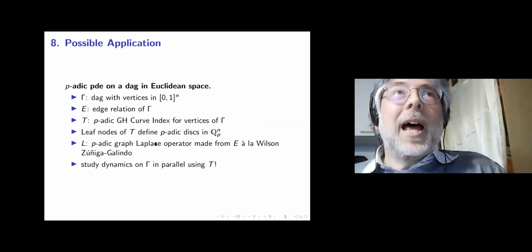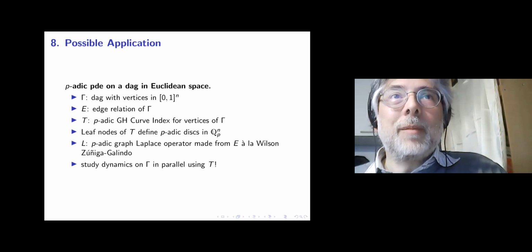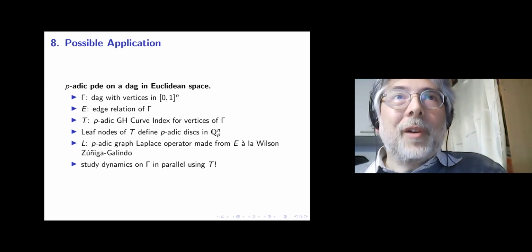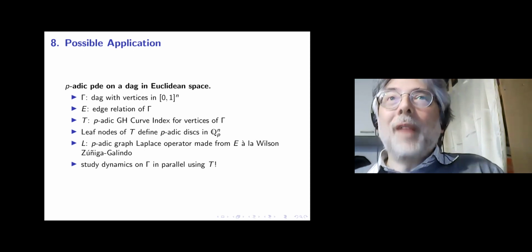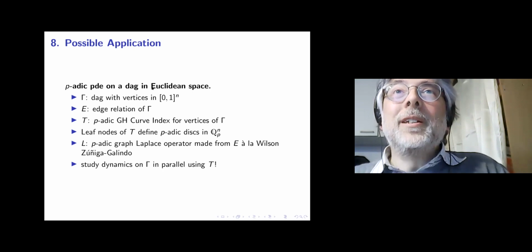And the last topic on this idea of Gray Hilbert curves is partial differential equations on graphs or directed acyclic graphs, which are in Euclidean space.